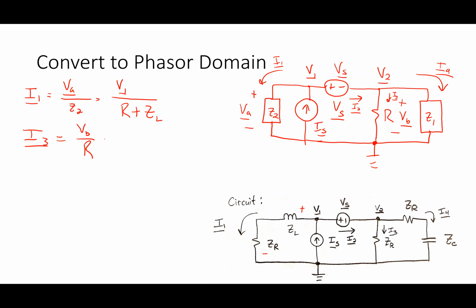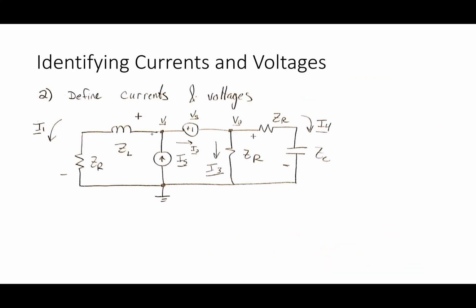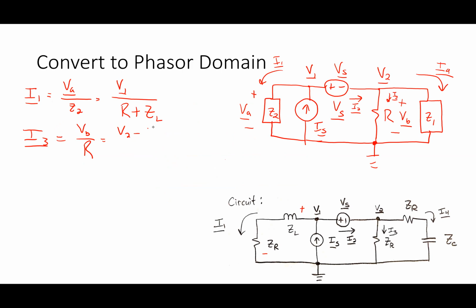The voltage across it is VB, and the node voltages there are V2 minus 0, so V2 minus 0 over R.